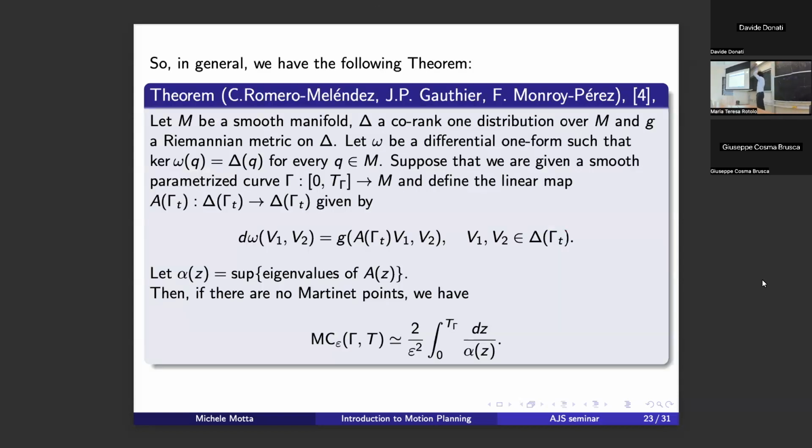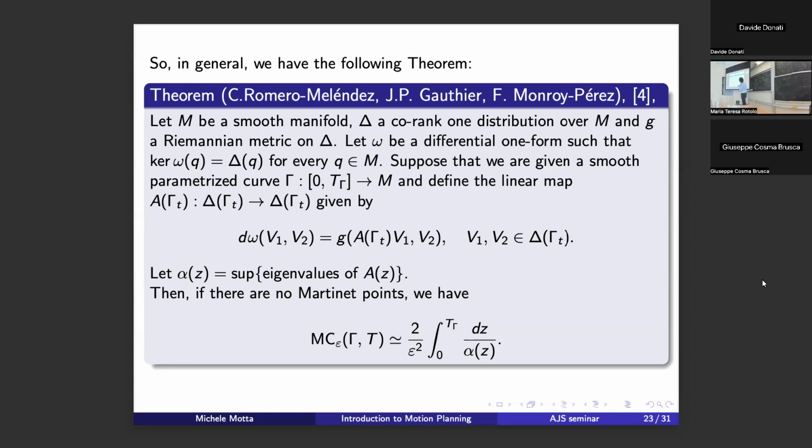More in general, you have this theorem, which was proved by Romano Menendez, Jean-Paul Gaultier, and Henri Perez. We say that if you have a manifold and a rank 1 distribution on this manifold, together with a Riemannian metric on this distribution, basically the same estimates hold, and it's just a bit more complicated to say with this small t alpha.